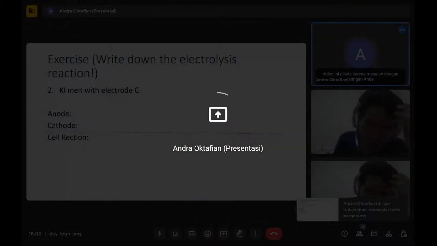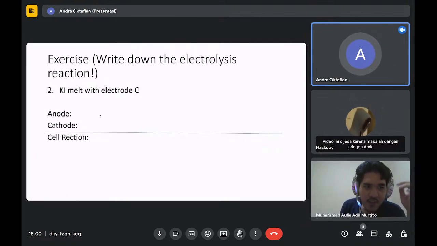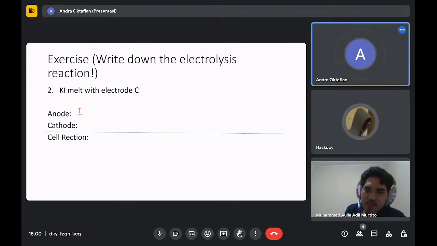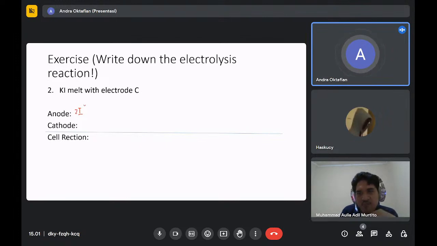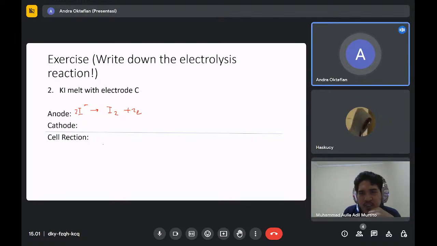In the beginning, from the anode perspective, we should oxidize the iodine, so the iodide should be oxidized to I2. And at the cathode, it should be reduced, 2K plus 2e.